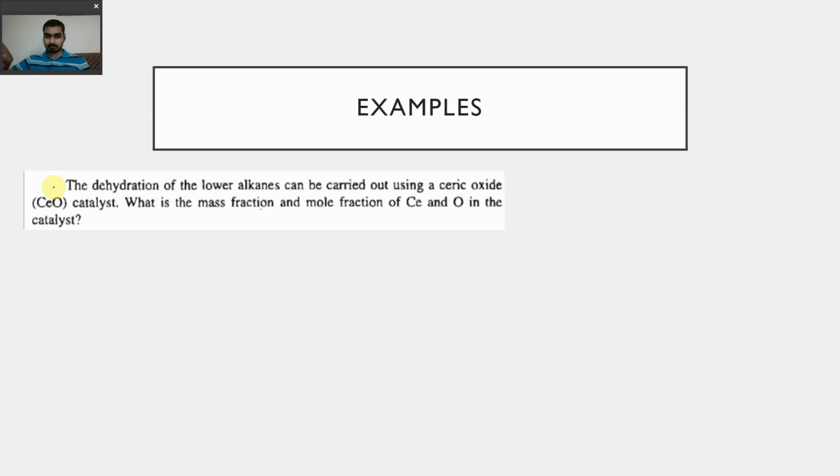No. So you have nothing in your brain about this. So how to start? As we know, CeO2 is formed from cerium, that is Ce, and oxygen, O.